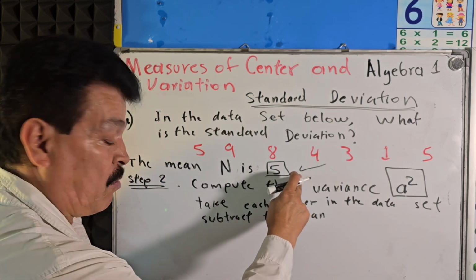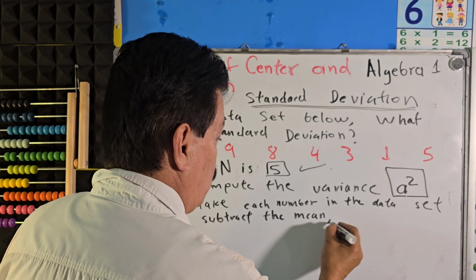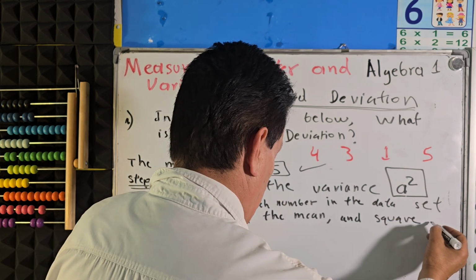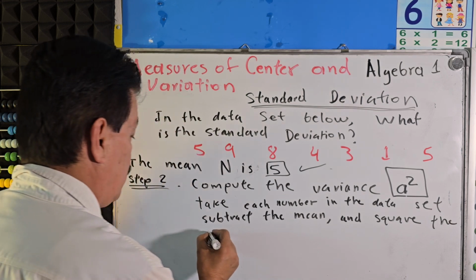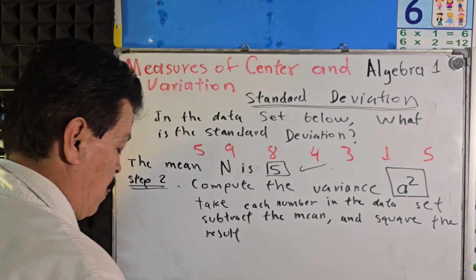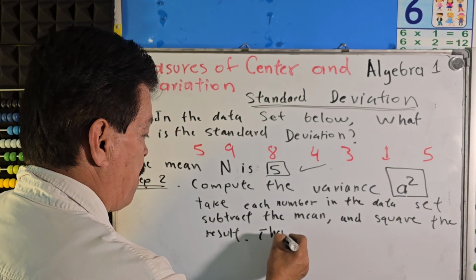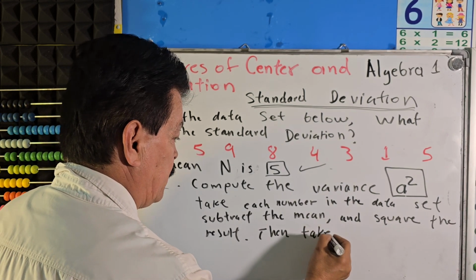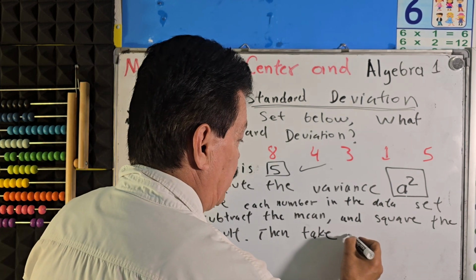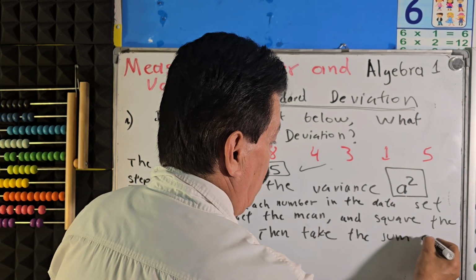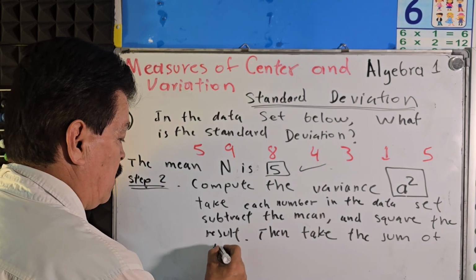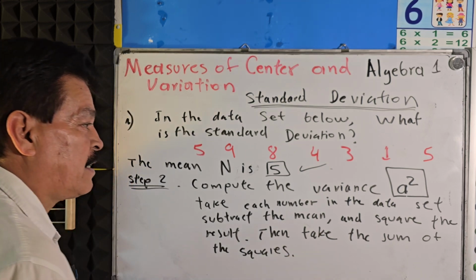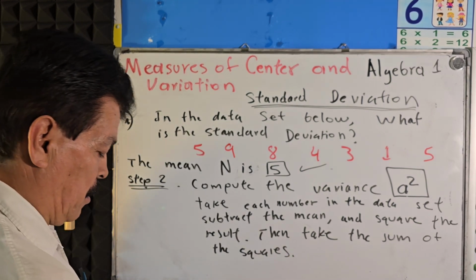So this number, this number, and square the result. Then take the sum of the squares. All right, so we are at this point.